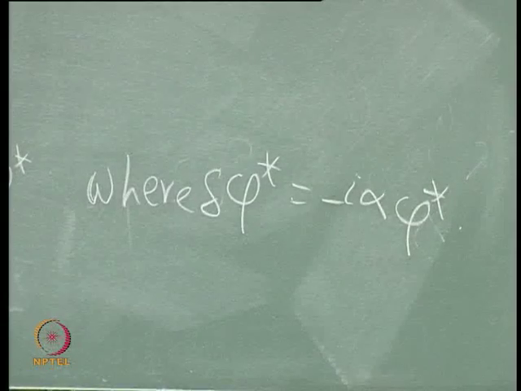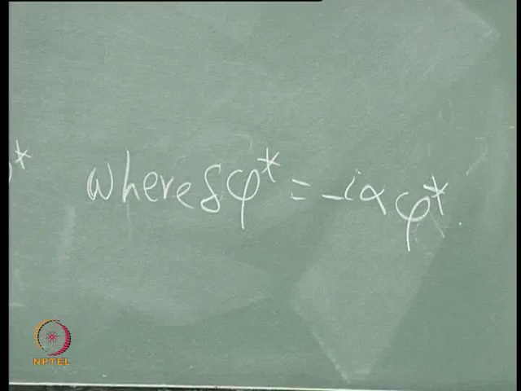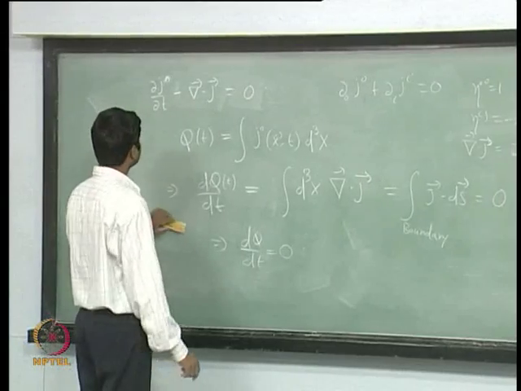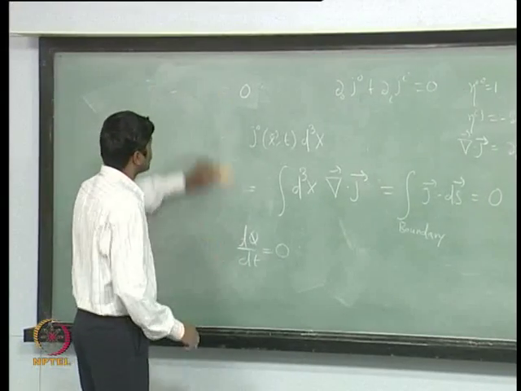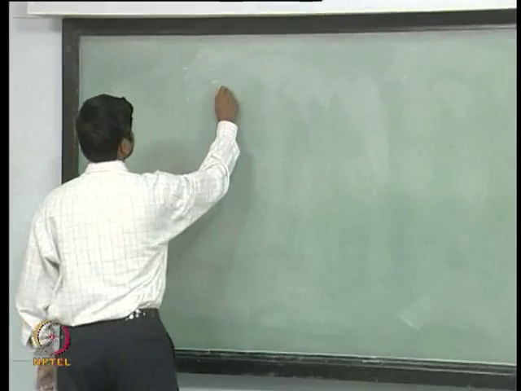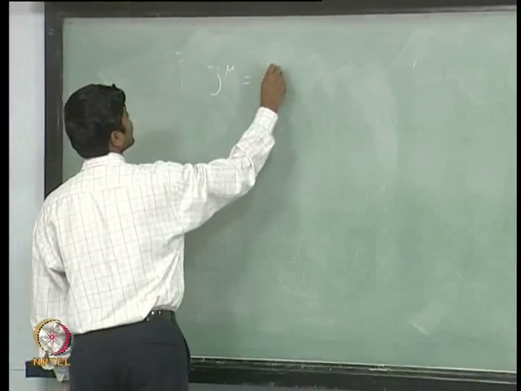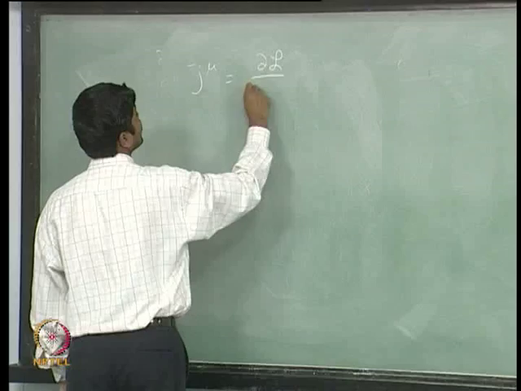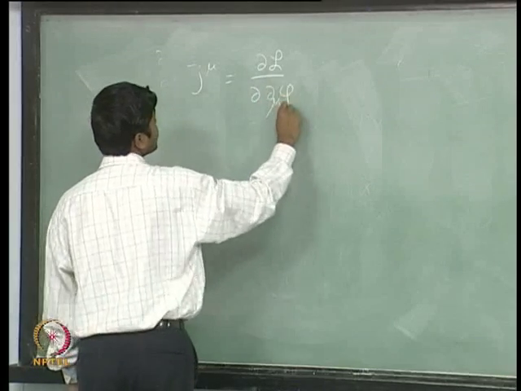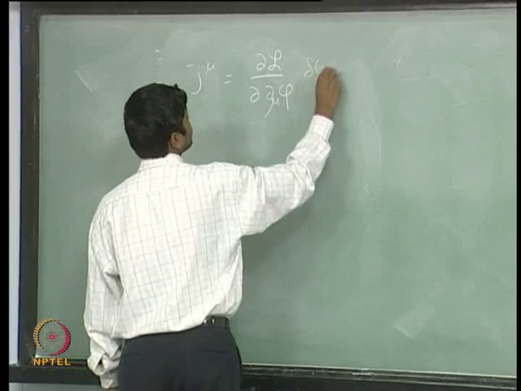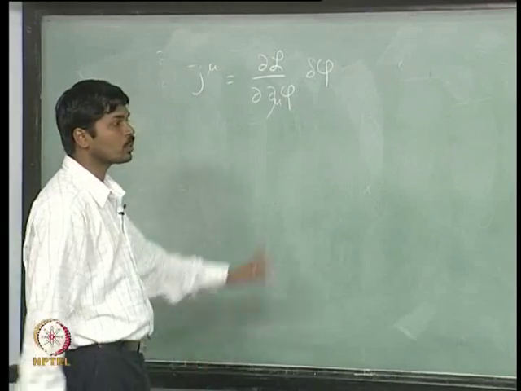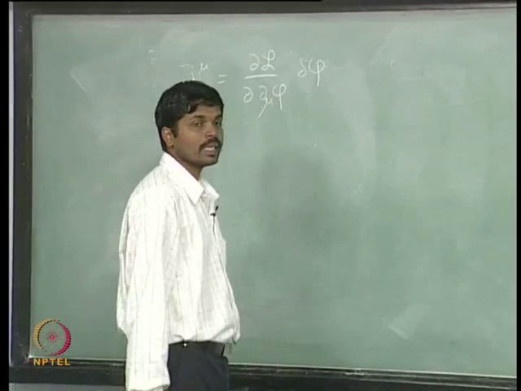So, we will substitute this in our expression for the conserved current J mu, which is given by del L over del (del mu phi) times delta phi. In this case, we have two independent fields, phi and phi star.